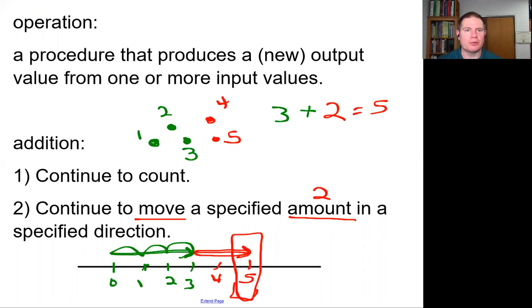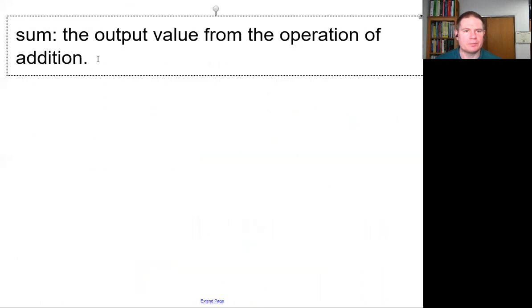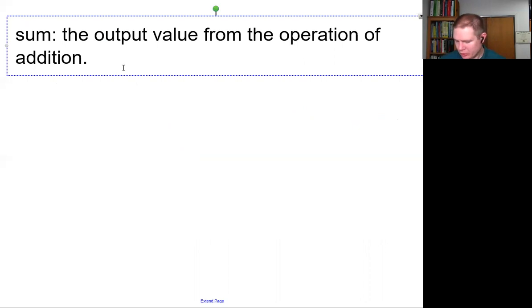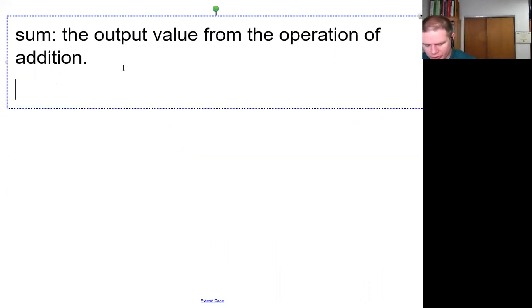So here's our output value, 5. We call that the sum. That output value is the sum of these two input values. And those input values also get a name. If we're talking about addition, we call those the terms.